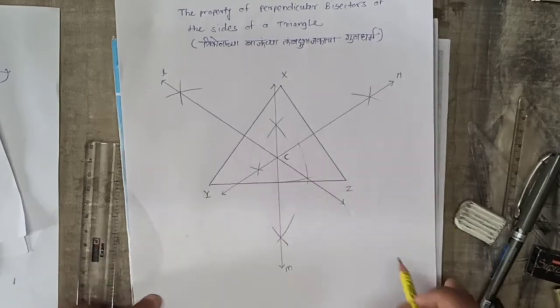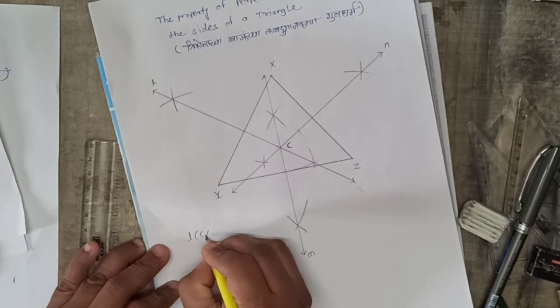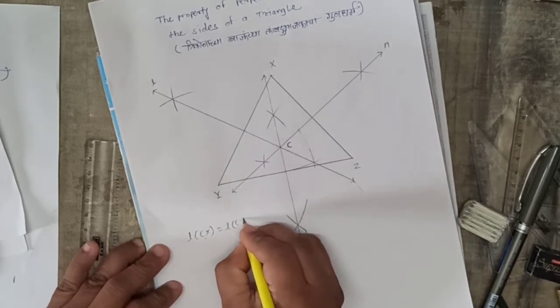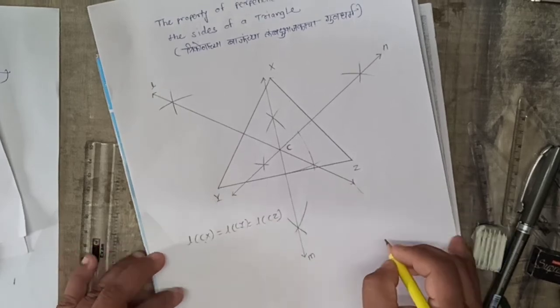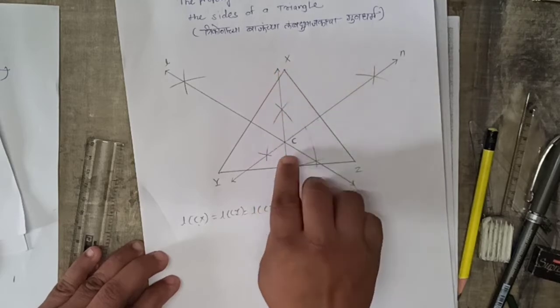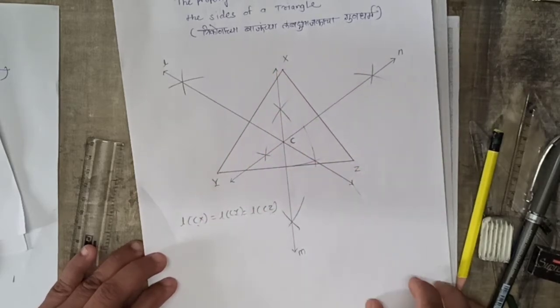So we can see that length CX is equal to length CY is equal to length CZ. Okay, understand it? Length CX, length CY and length CZ are all of equal length.